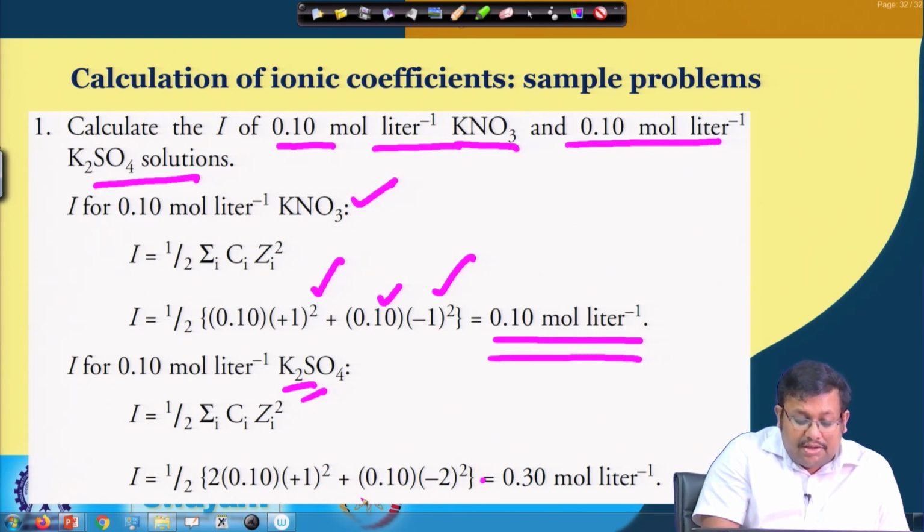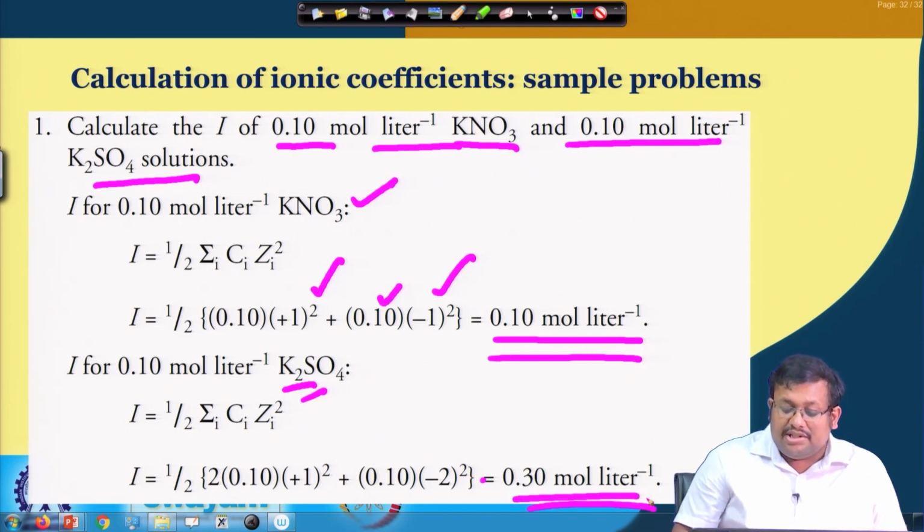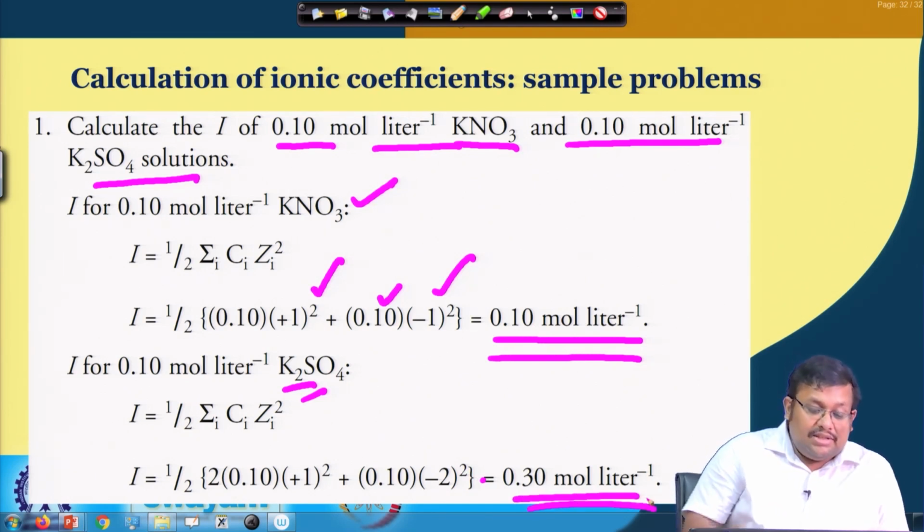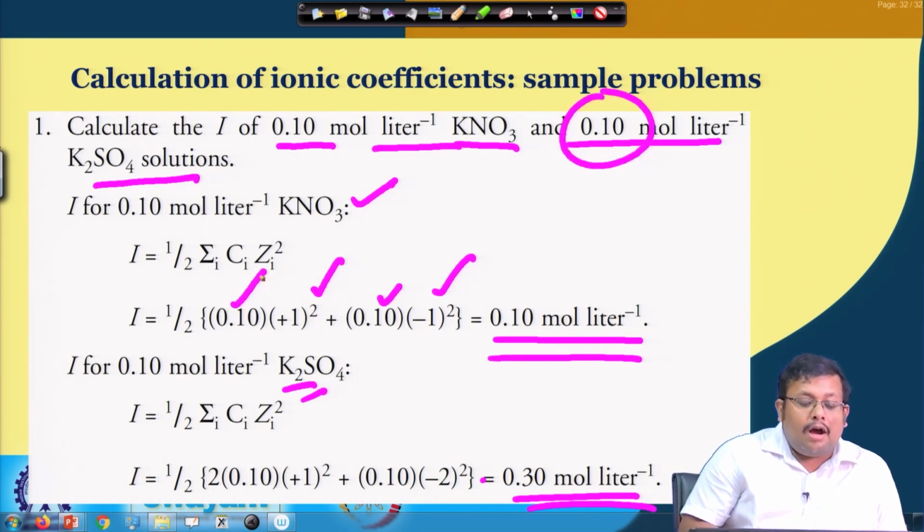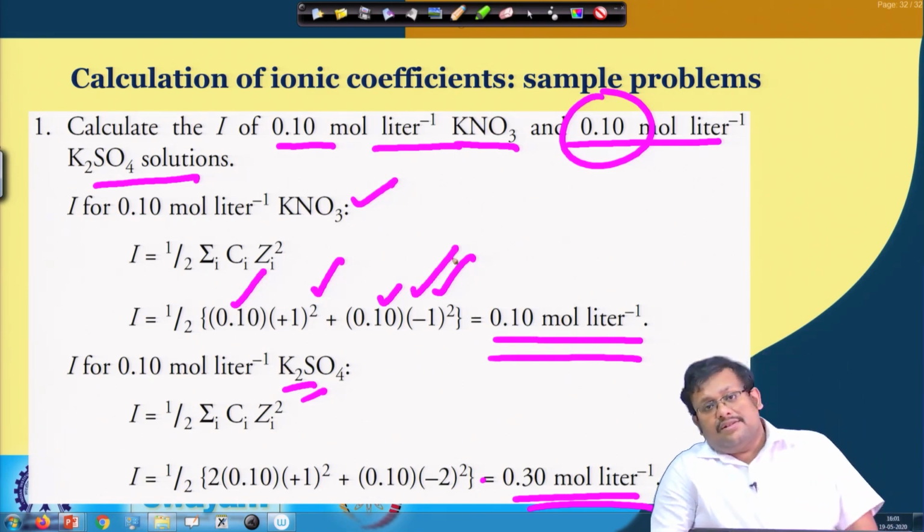So, it will be squared. So, 0.10 times minus 2 whole square. So, we are getting a value of 0.30 mole per liter. So, this is how we can calculate I from the concentration, from the valency of the cations as well as the associated anions.